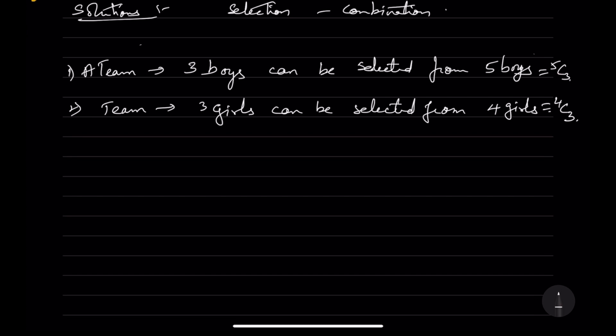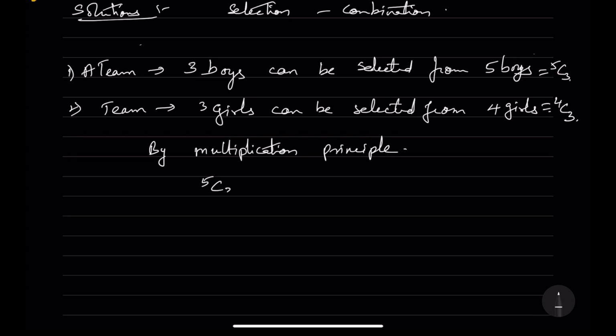So now by using the multiplication principle, we can write this. Because we are selecting in two ways, both our selections have to be done.